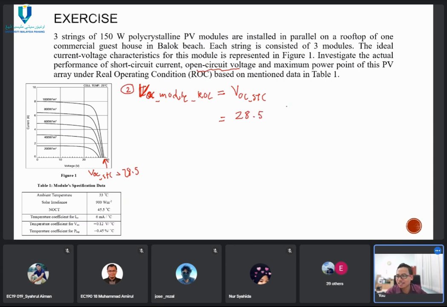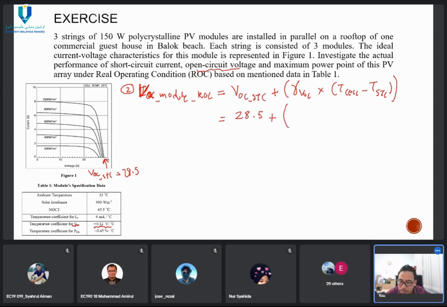What's next? Temperature coefficient of VOC is given in the minus 0.1. Same with previous. ISC. Macam tu lah. It means that sama lah. VOC T cell minus TSTC, then how much is it?